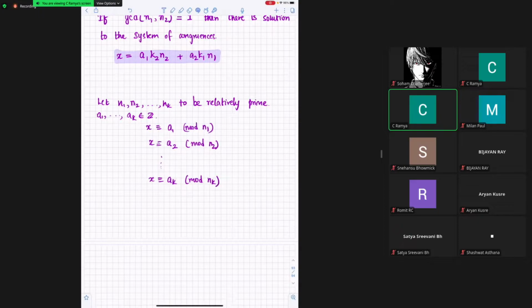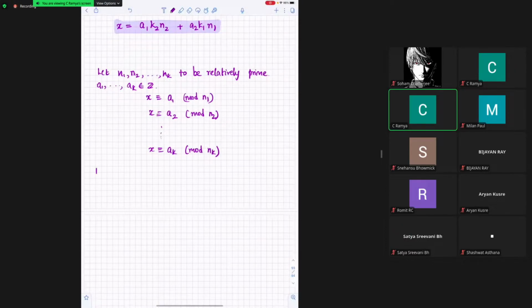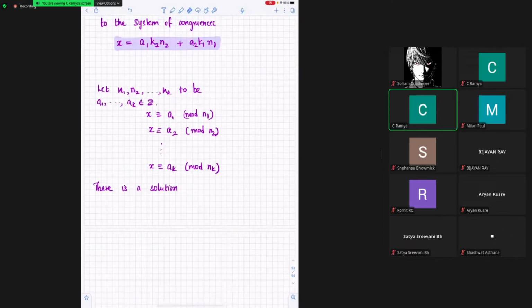In fact, it does, right? Just like we saw for two congruences, it is true about any number of congruences. So there is a solution. Shouldn't they be pairwise relatively prime? Yes, yeah. When I say relatively prime, yes, pairwise.